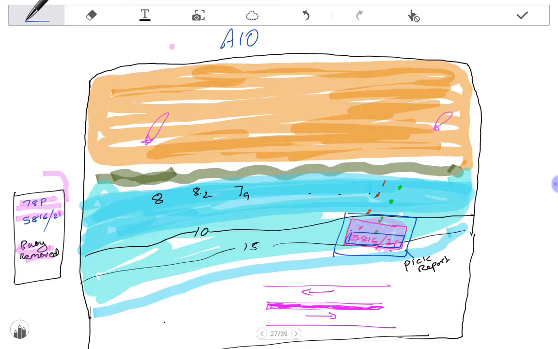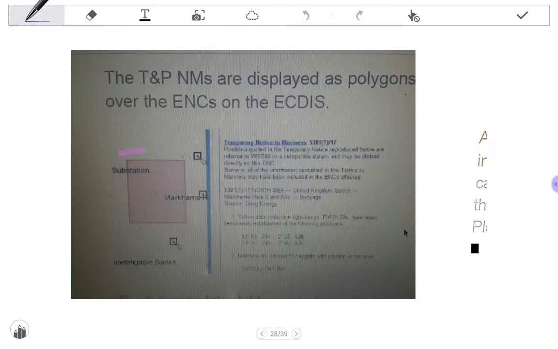When you click on that region to find out the information, the corresponding TNP notices will be displayed in a separate window. This is how AIO information is obtained from the ECDIS. This is a screenshot showing how the AIO information is obtained. This is the magenta box, and this is the information window when you click the pick report option.